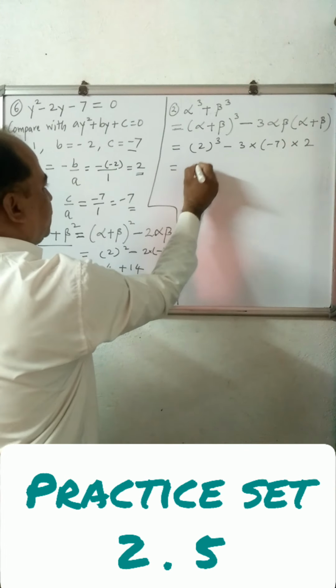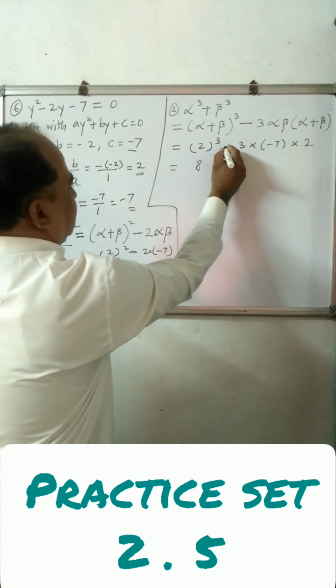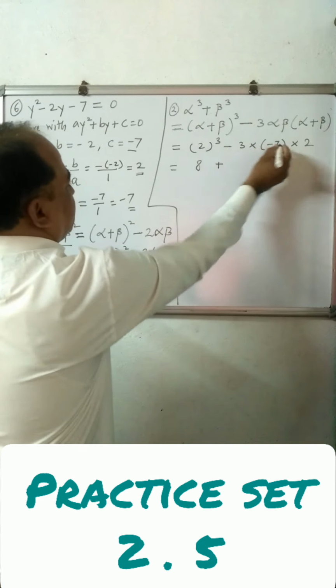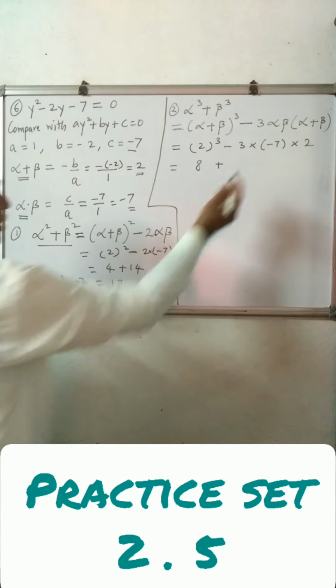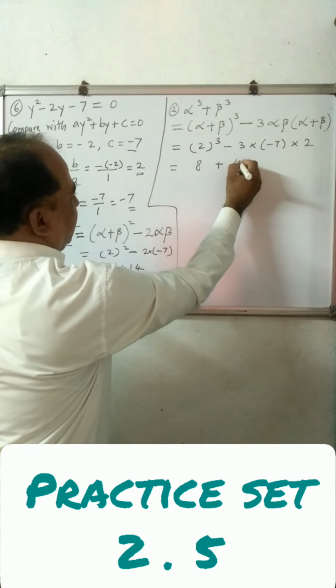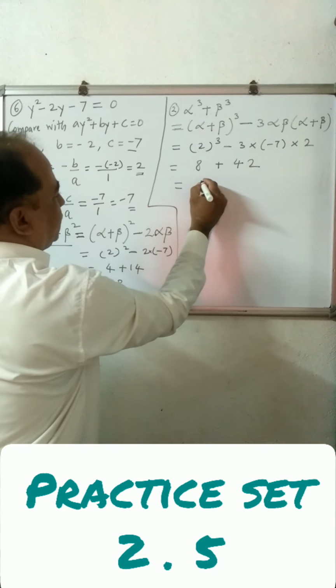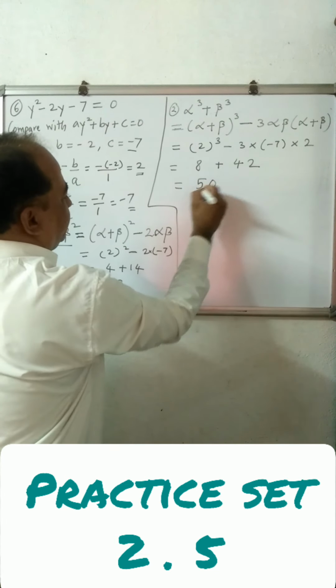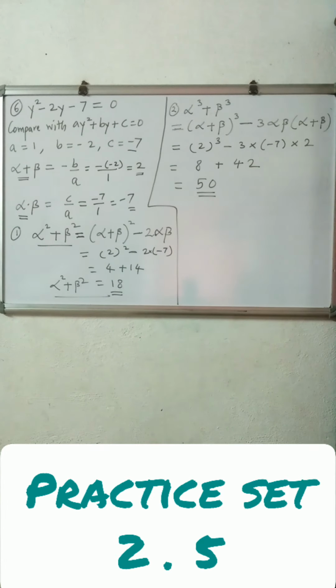So 2 cube is 2 into 2 into 2, which is 8. Minus into minus is plus. 7 2s are 14. 14 3s are 42. So 8 plus 42 is equal to 50. So the value of alpha cube plus beta cube is equal to 50.